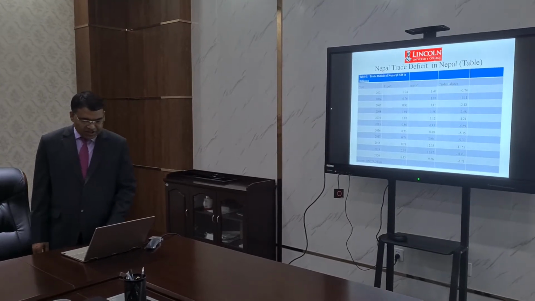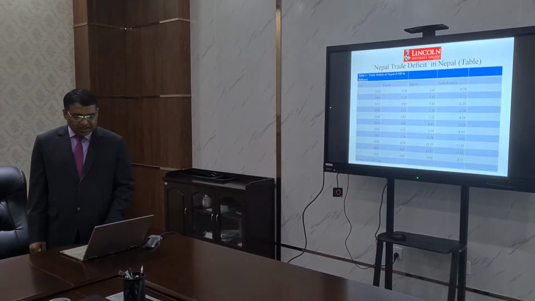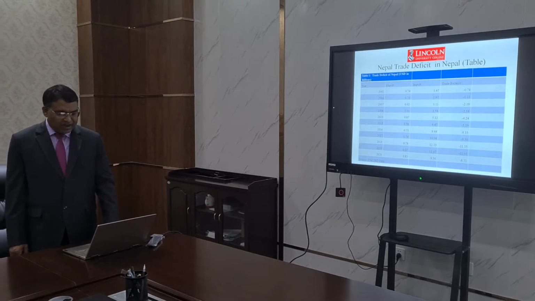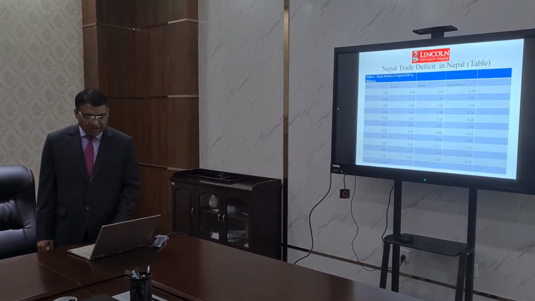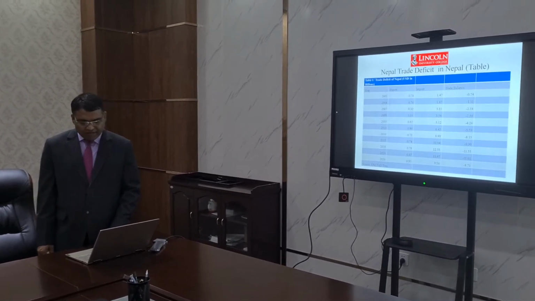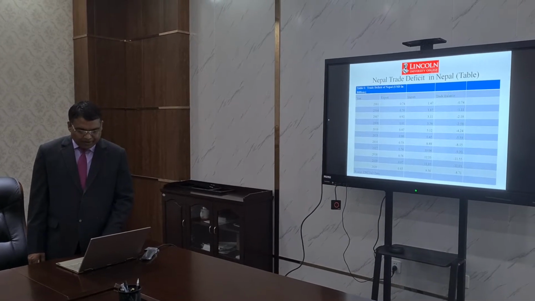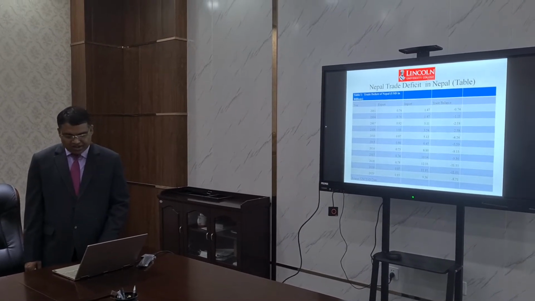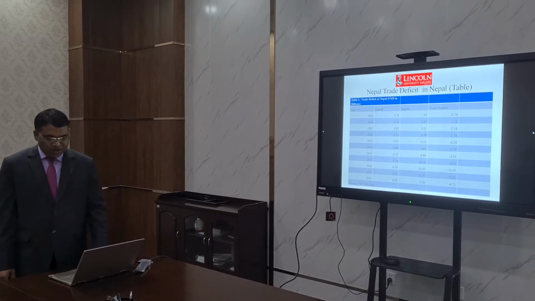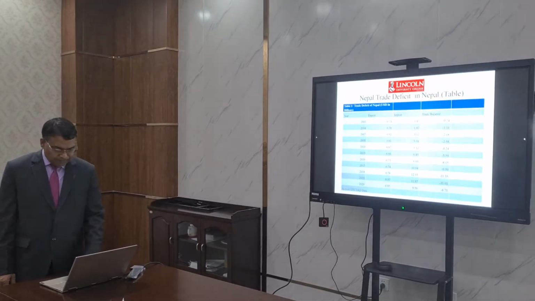Likewise, in 2010, Nepal exported goods equivalent to 0.87 billion US dollars, whereas Nepal imported goods of 5.12 billion US dollars, resulting in a 4.24 billion US dollar deficit.